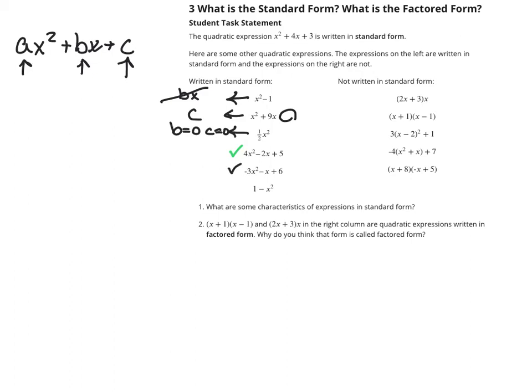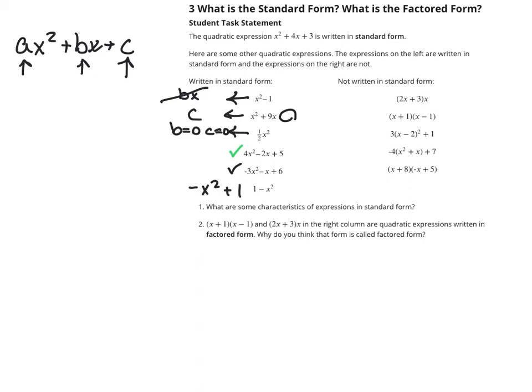We'll explain how that's different later. And this last one, 1 minus x squared, it's in standard form, but it's not written in standard form. We always write higher order first. So that x squared is negative. That negative has to stick with the x squared, and the 1 is positive, so we can reorder it in standard form.